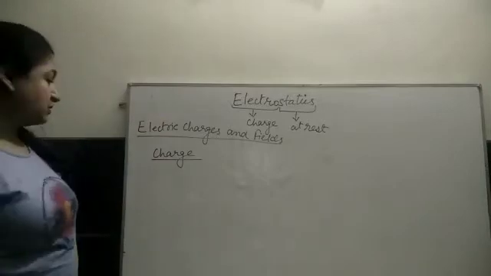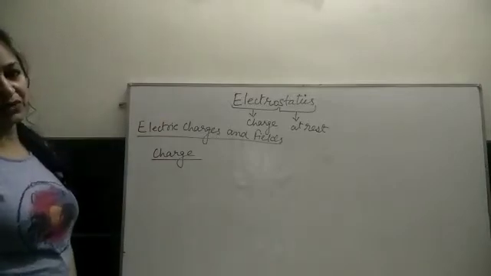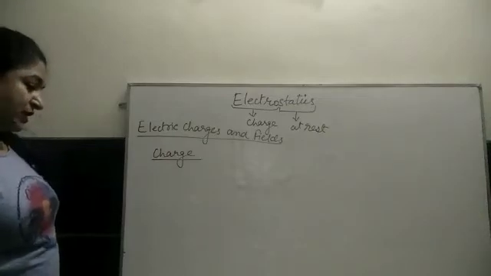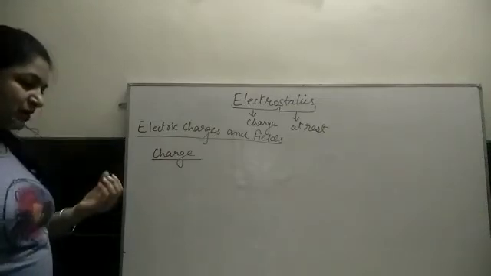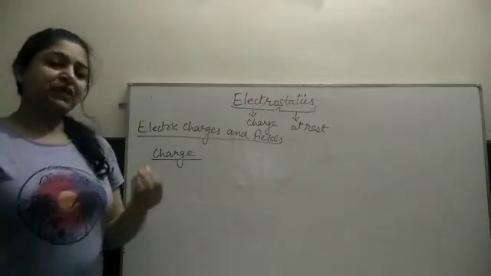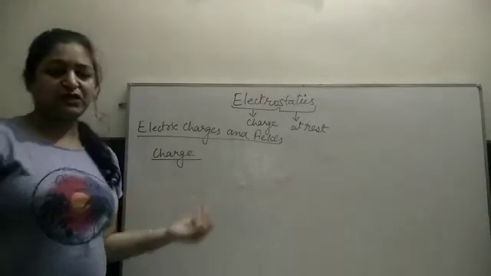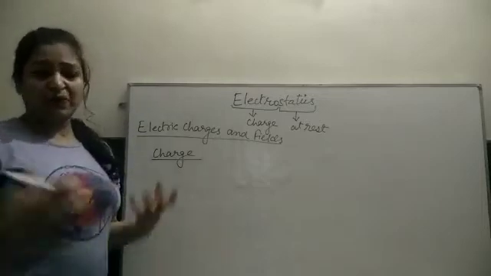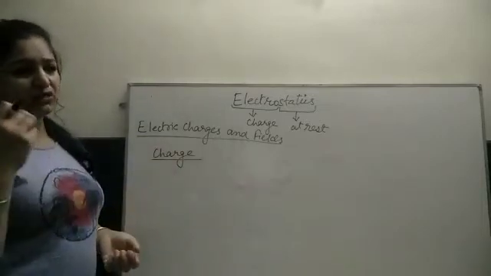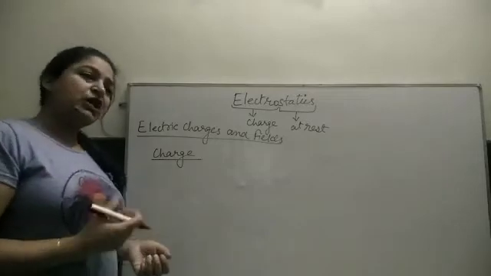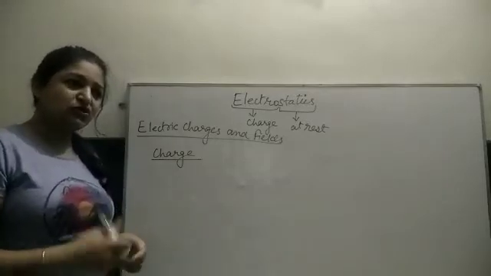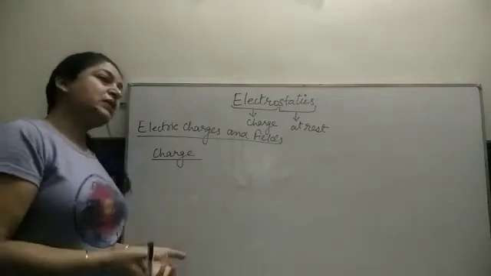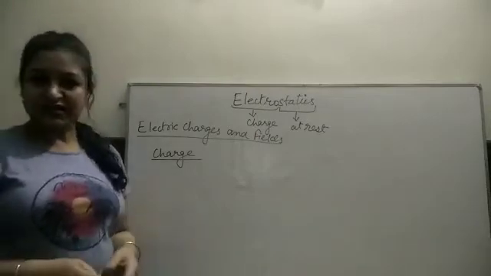Charge is the intrinsic property of any object. You might already have an idea of what charge is: this is a property an electron has, a proton has, an atom has. We know that in a neutral atom, the number of electrons and protons are equal, so that is neutral, no charge is there. Why? Because equal negative and equal positive cancel each other.